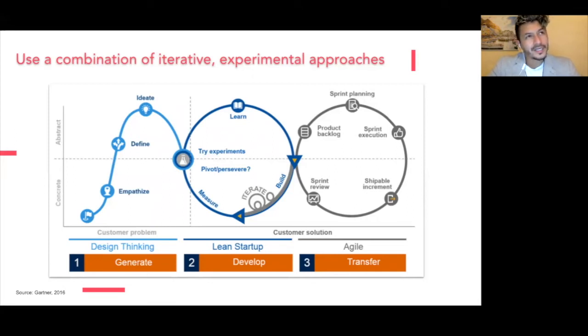Lean startup is an iterative methodology that helps you build something, get feedback from the market, learn from that feedback, and apply those learnings to the product development process. And agile gives you a strategy on how you can speed up that process and reduce a lot of waste in the building process.